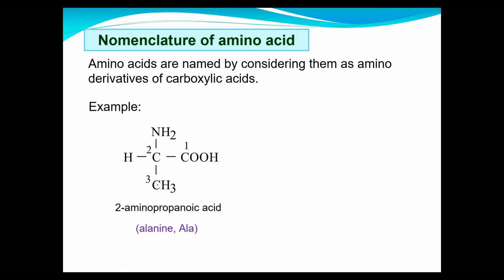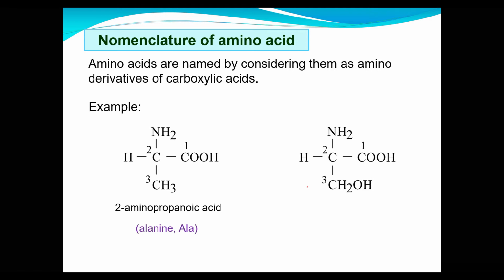The next example, in this structure, the carboxyl carbon is given carbon number 1 and is numbered according to the picture over here.